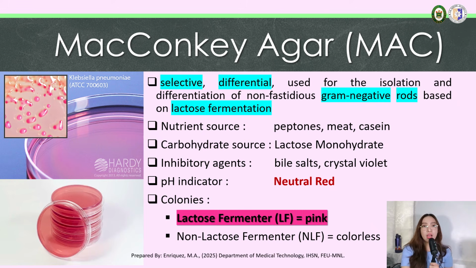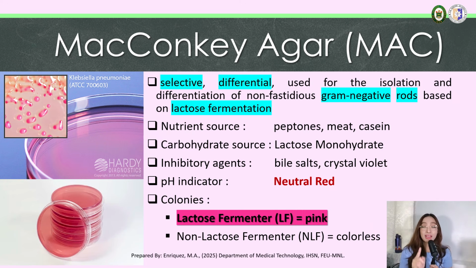Okay? So, listed here are the key components of the McConkey agar. Its only carbohydrate source is lactose, specifically lactose monohydrate. So wala na pong ibang sugar content ang McConkey maliban sa lactose. Its inhibitory agents include bile salts and crystal violet. So the purpose of bile salts and crystal violet is to inhibit the growth of most gram-positive bacteria and fastidious gram-negative bacteria.